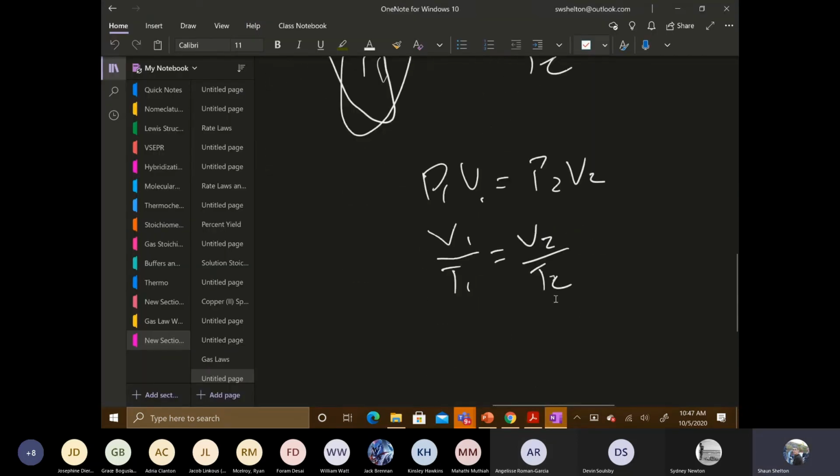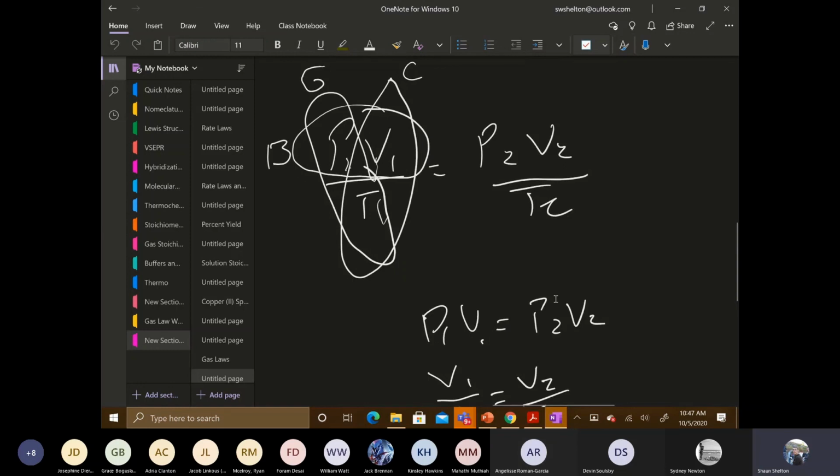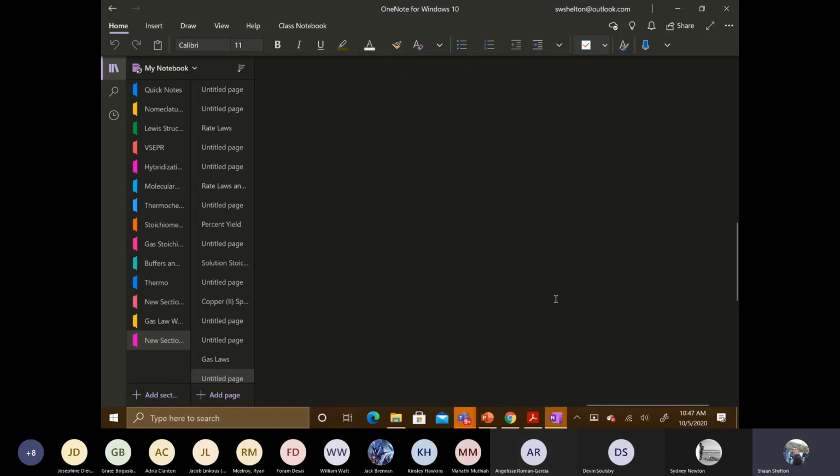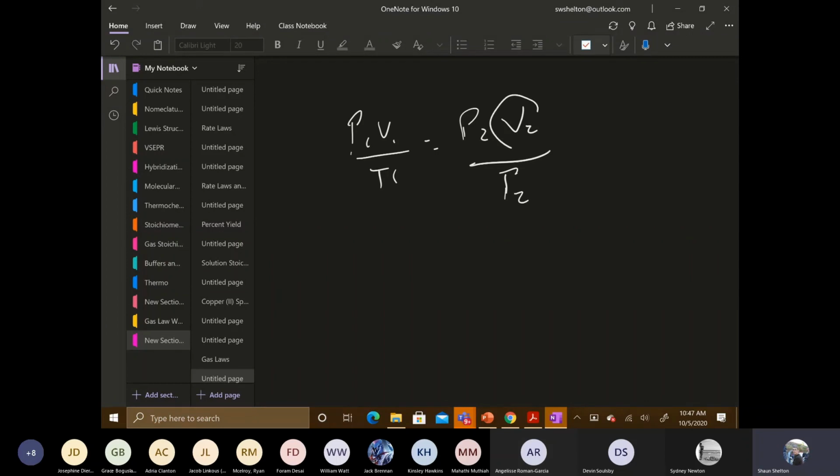So when I go back in here, I'll look at the equation: P1 V1 divided by T1 is equal to P2 V2 divided by T2. We're trying to solve for V2. In the guide I went ahead and rearranged it to solve for V2.